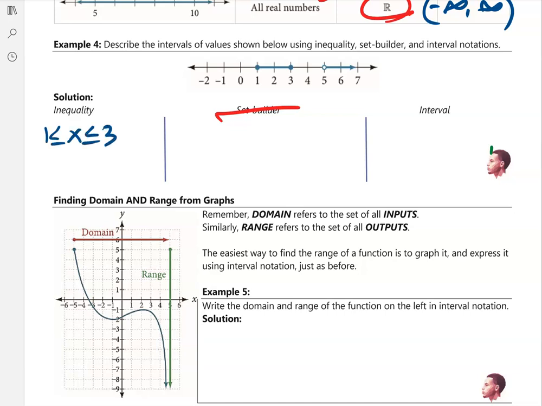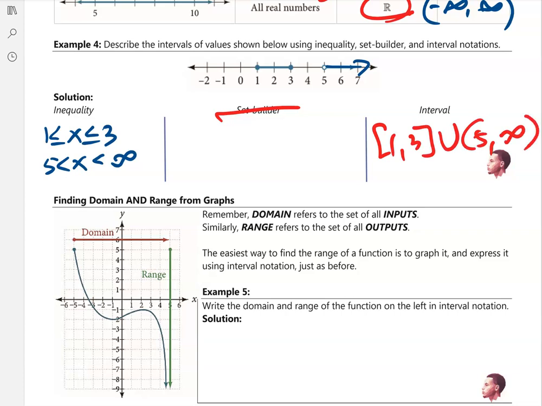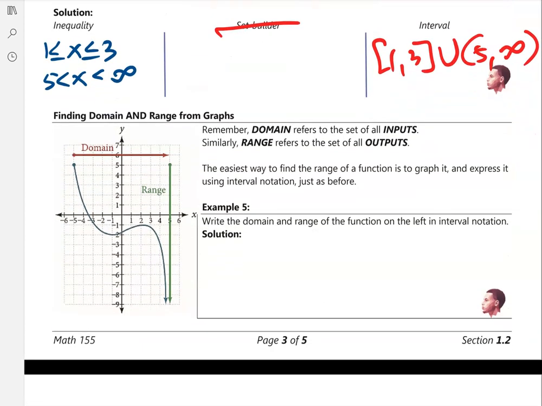The other one from 5 to infinity, to the right of 5, so 5 less than x less than infinity. And how do we write an interval for that? From 1 to 3, union from 5 to positive infinity.